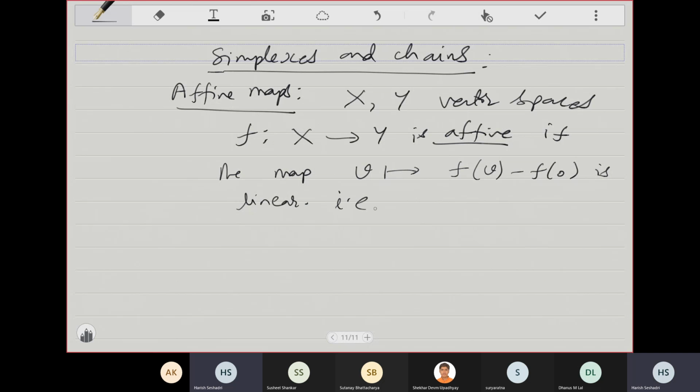In other words, f of v equals f of 0 plus a linear map. So essentially it's a linear map plus a translation. Linear map translated by a fixed vector.